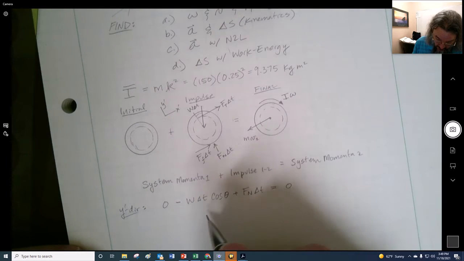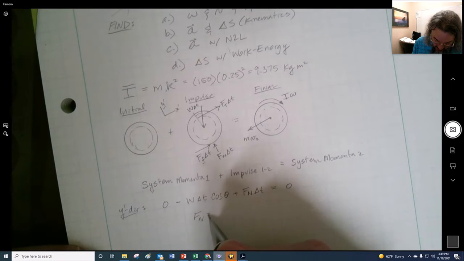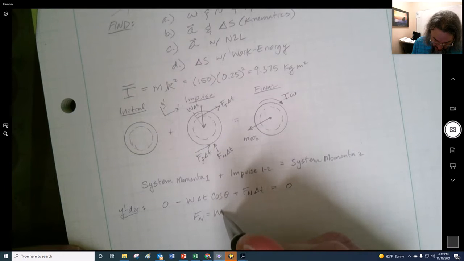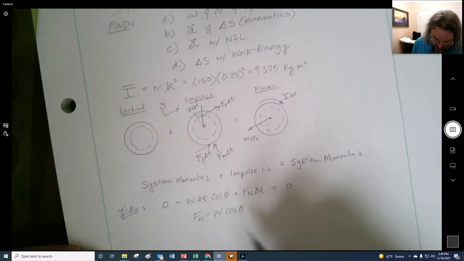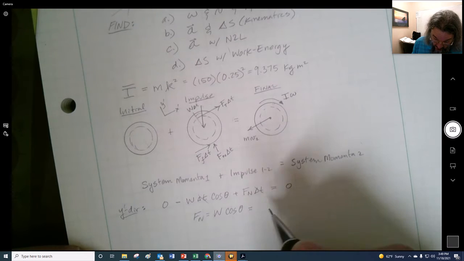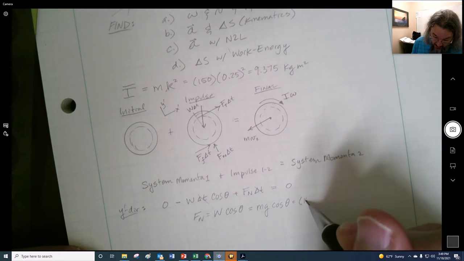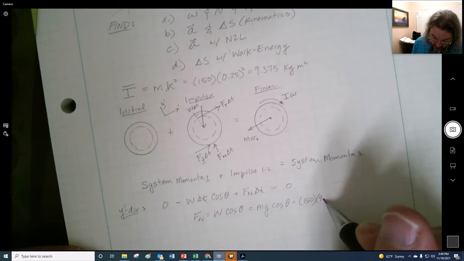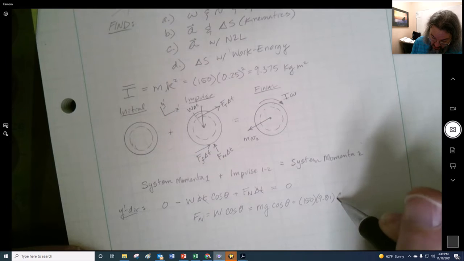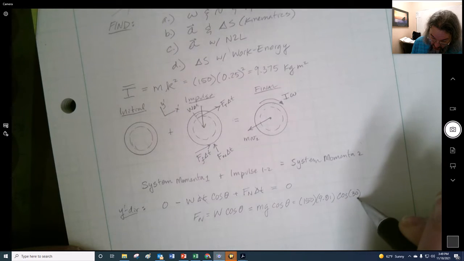So what we're left with is that Fn is going to be weight times the cosine of theta, because the delta t's cancel out. So that's just going to be mg cosine of theta, where the mass is 150, 9.81, cosine of 30.